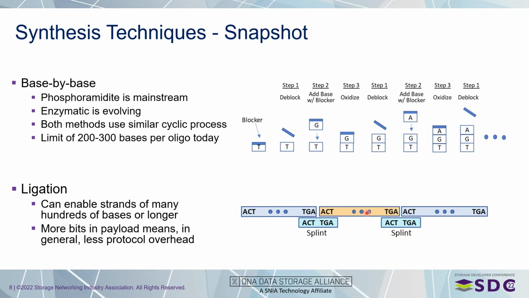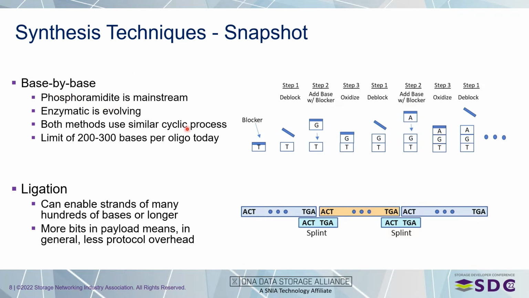Phosphoramidite is the mainstream, the most productized, but enzymatic is evolving, and one of the interesting things about enzymatic chemistry is that it doesn't involve as many caustic chemicals, and it may also enable us to build molecules more effectively. So this area is base by base synthesis.